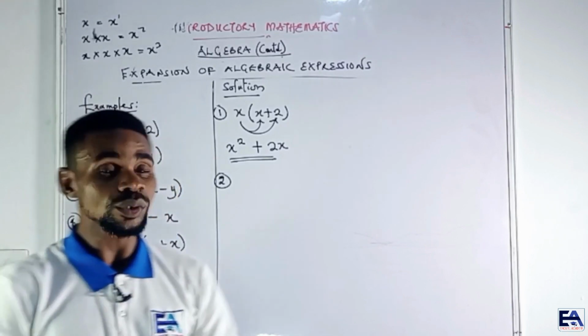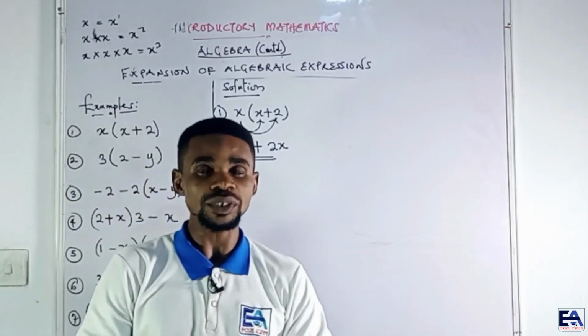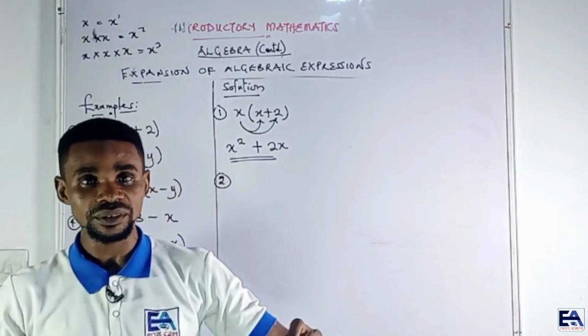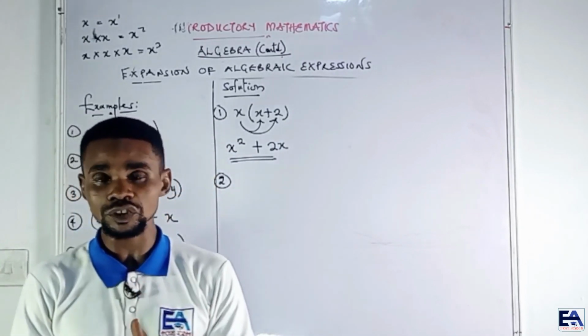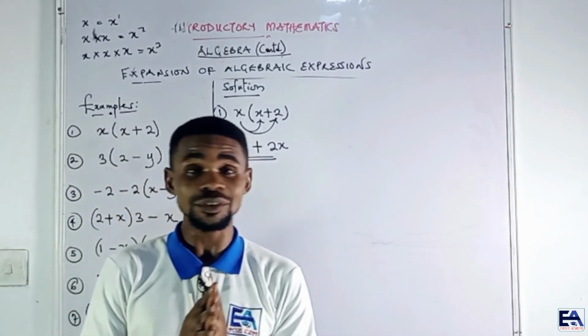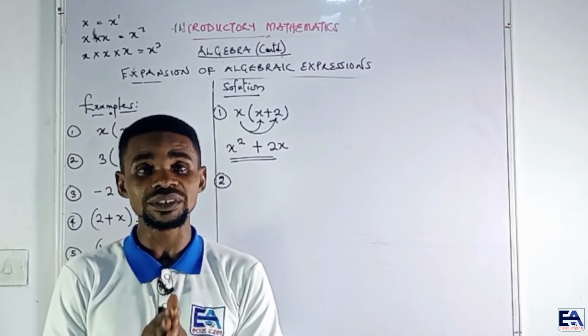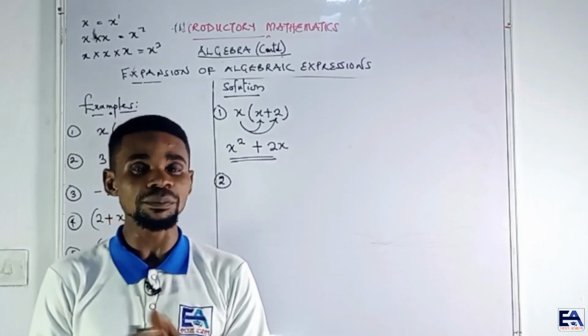So it is either you have Emmanuel Kadiri adding itself to another Emmanuel Kadiri or subtracting, but you cannot add Emmanuel Kadiri to Emmanuel Johnson. Only families mingle in terms of addition and subtraction. When we are dealing with terms, it's only like terms that can add or subtract. Only numbers that belong to the same family.